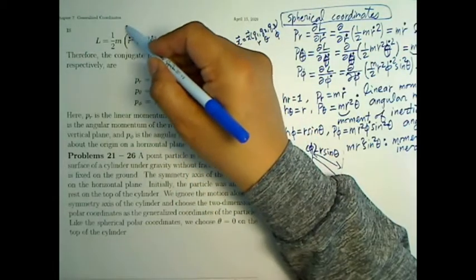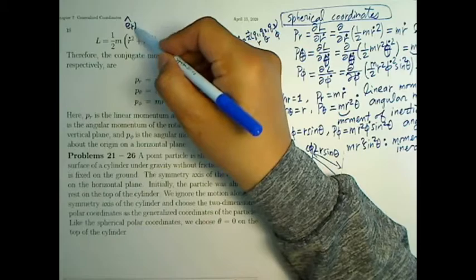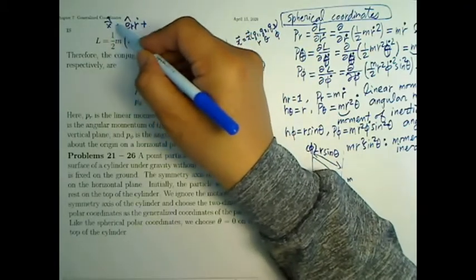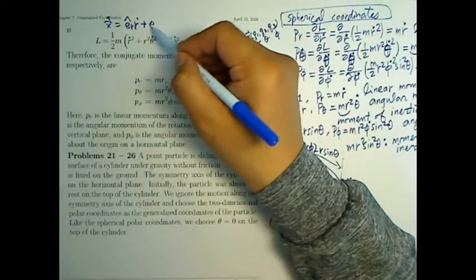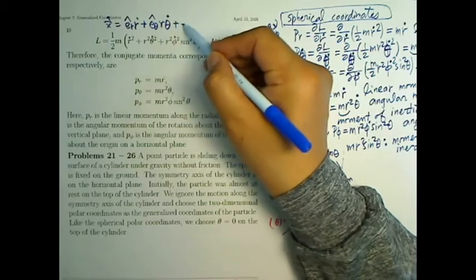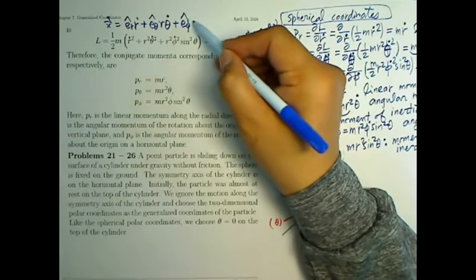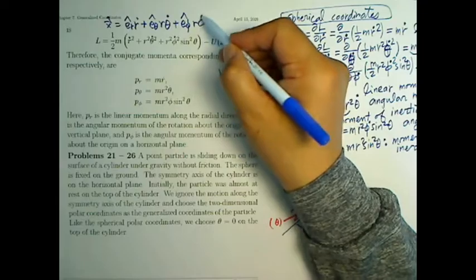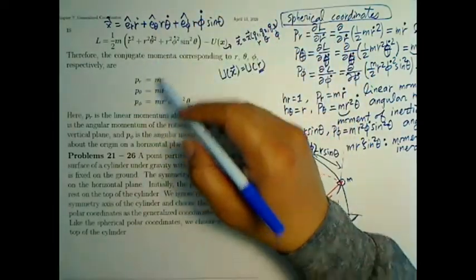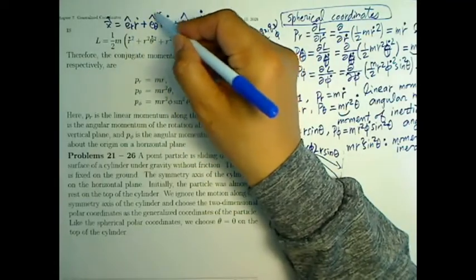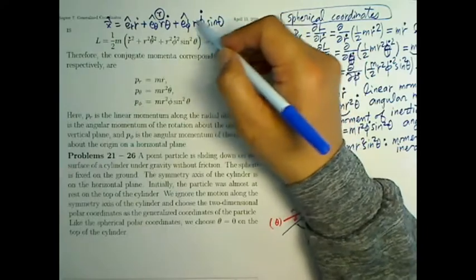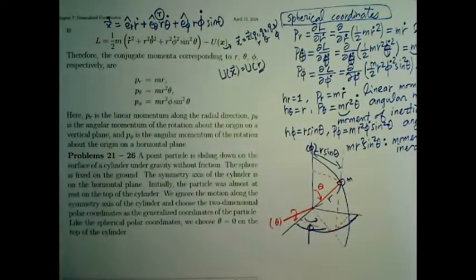The radial direction velocity is r dot, the theta direction velocity is r theta dot, and the phi direction velocity is r phi dot sine theta. We know that this r is the lever arm, and r sine theta is the lever arm of this rotation.